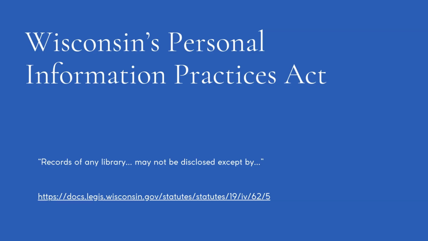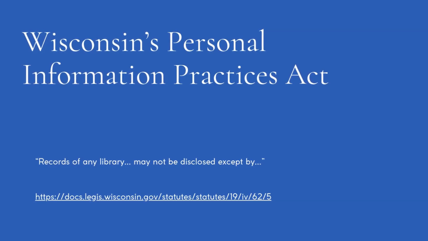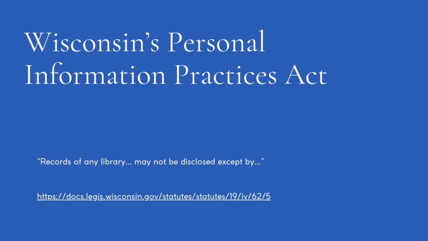We also have support from Wisconsin's Personal Information Practices Act. This act focuses on the management and protection of personal information by state agencies, which includes libraries. It mandates that state agencies collect personal information only when necessary and relevant to their operational functions.